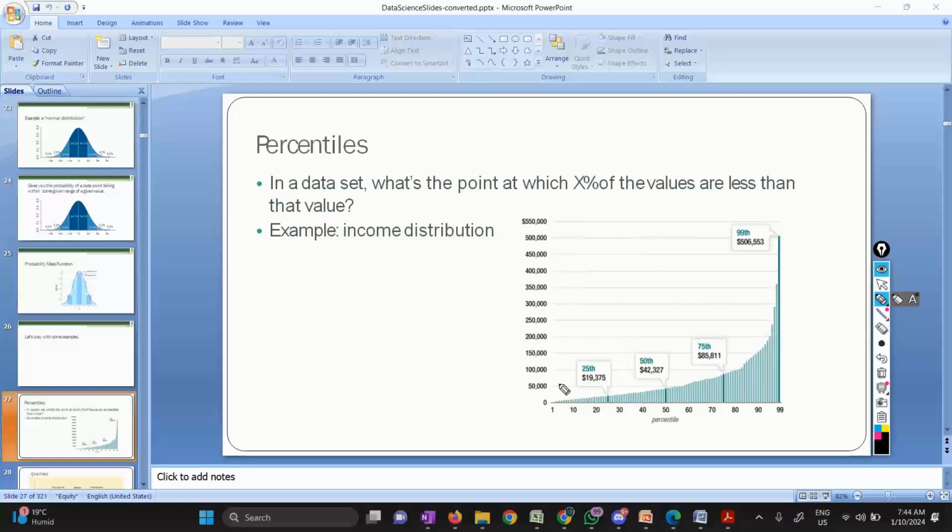Out of 1,000 people, there will be 500 people earning, let's say, 5 LPA. Then there will be around 200 people earning around 10 LPA.